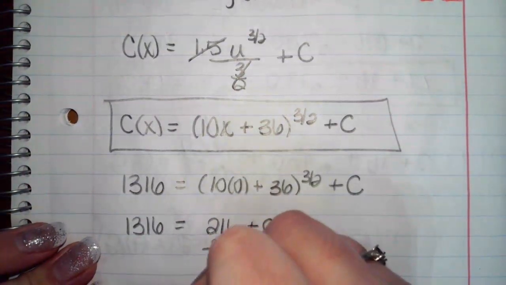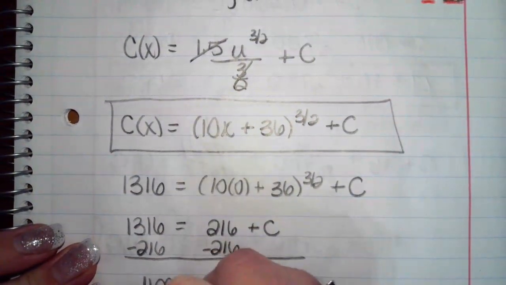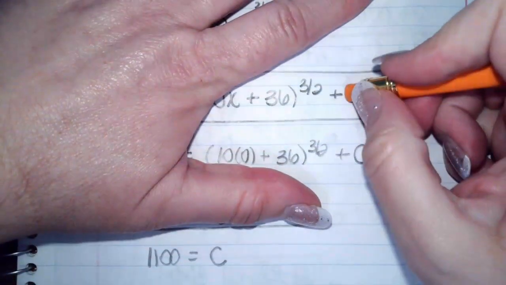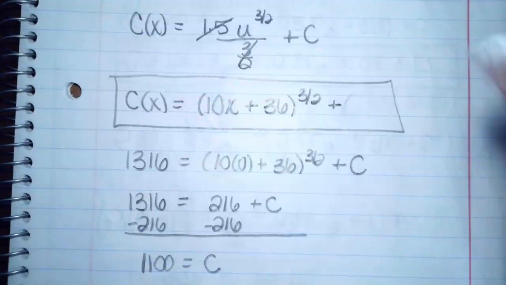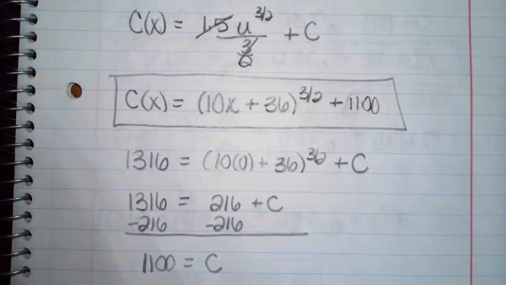I'm going to subtract 216 from both sides, and that gives me 1100 equals c. So instead of plus c, we're going to have plus 1100.